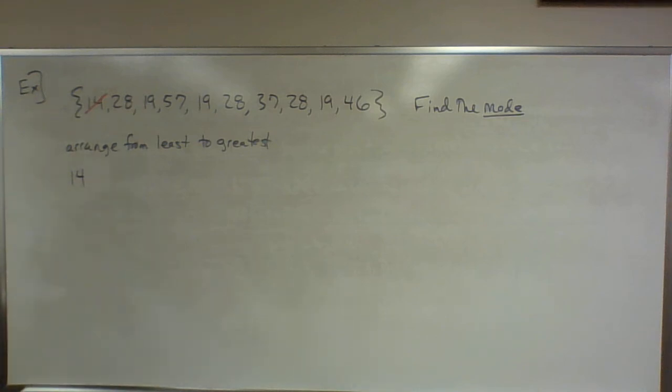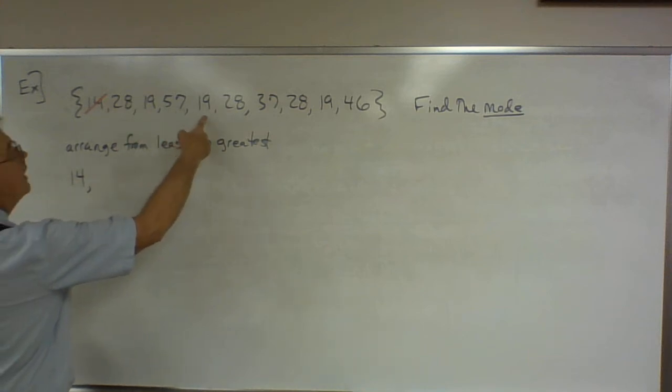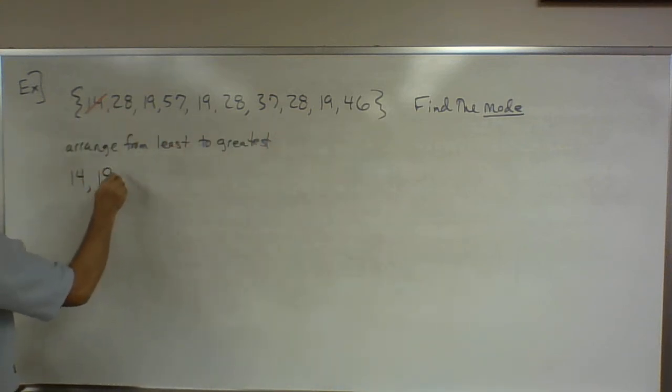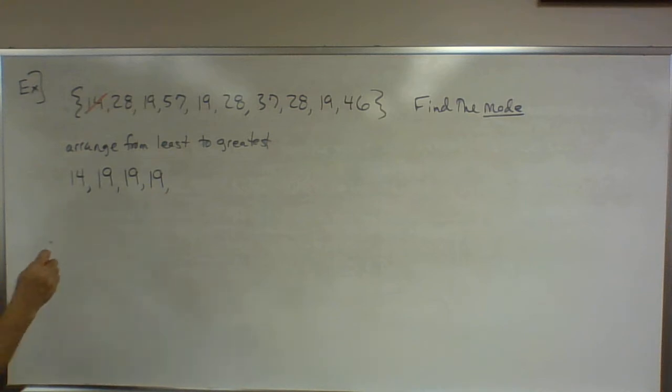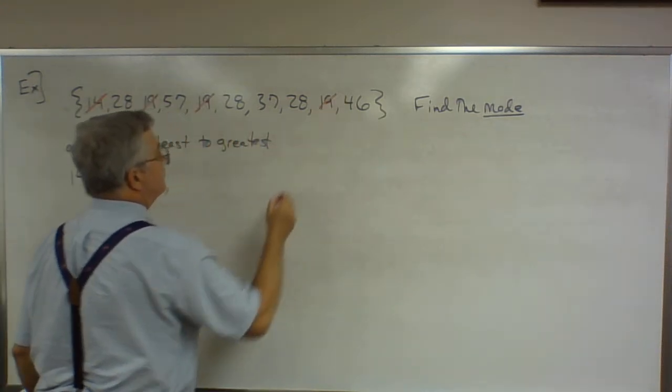We have 19. Is there anything less than 19? No. And 19 occurs once, twice, 3 times. So I'll write down those 3 19s. And I'll also draw a line through them so that they won't distract me.